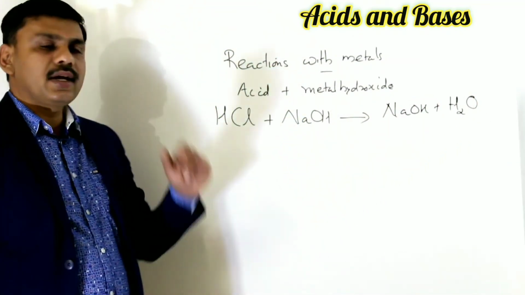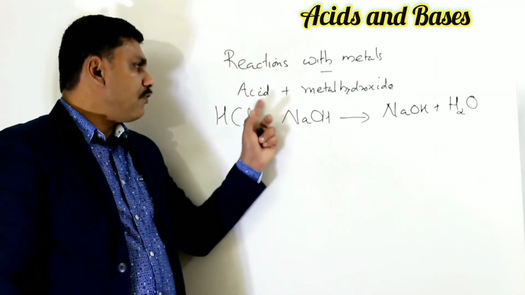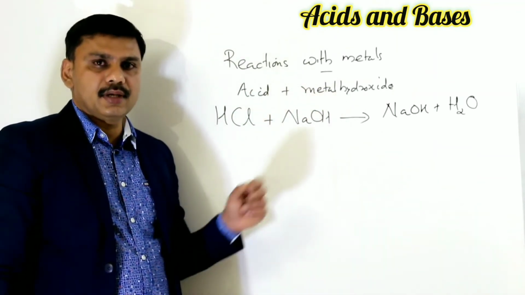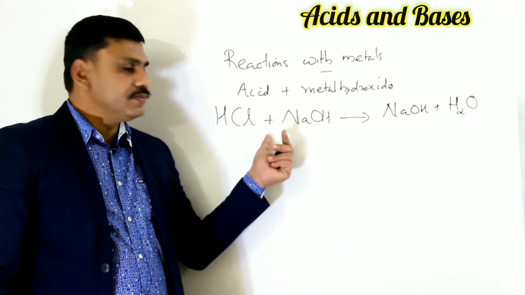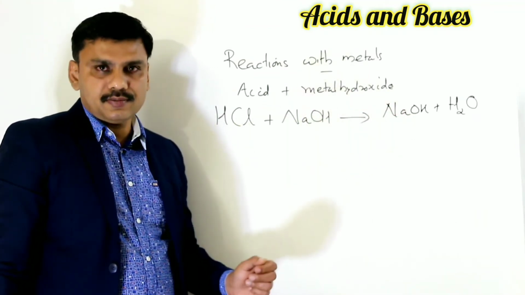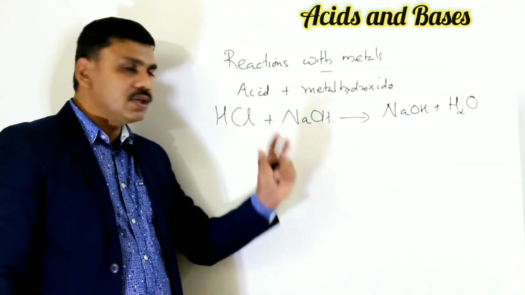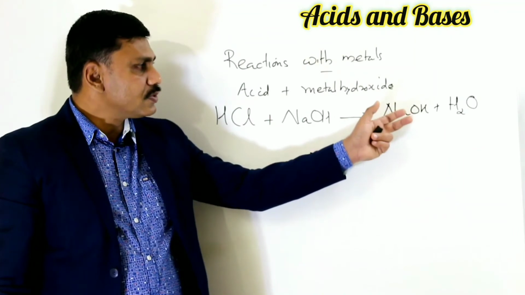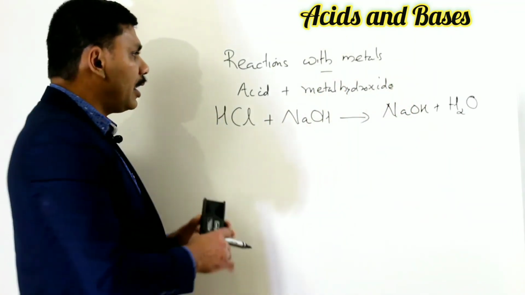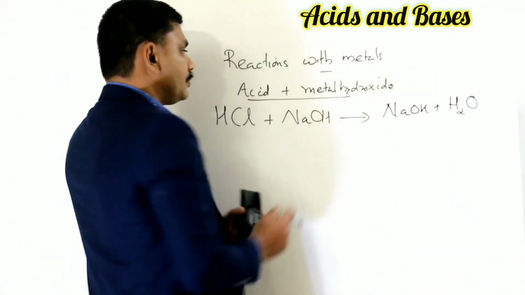So if you see a reaction of a metal hydroxide, which is a base, with an acid, it always gives salt and water. You must learn only this general equation.